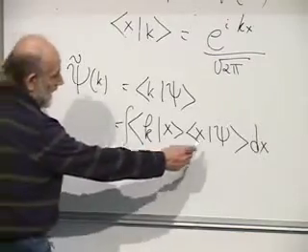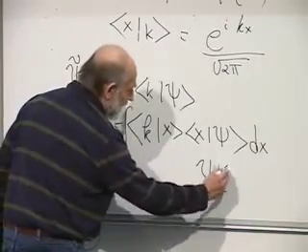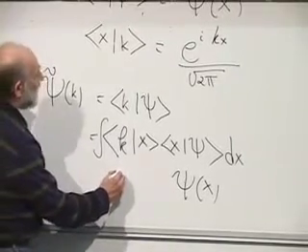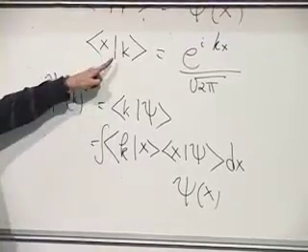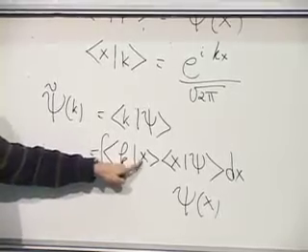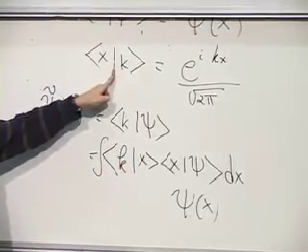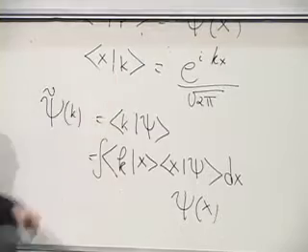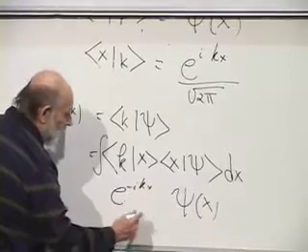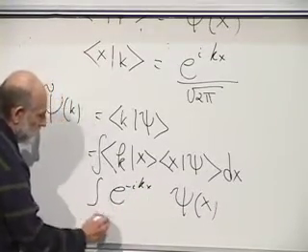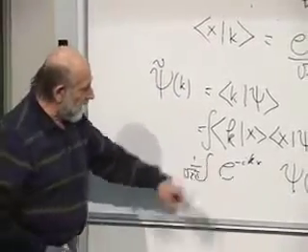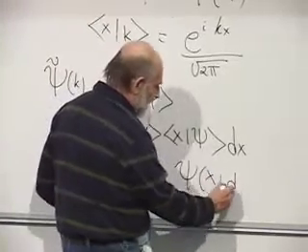Well, what is this object over here? This is psi of x. What is this object? This is e to the i kx. Actually it's the complex conjugate of this. Notice over here I have k on the right and x on the left. Here I have k on the left, x on the right. What's the relation between this and this? Complex conjugate. So I actually have to put e to the minus i kx, all divided by the square root of 2 pi. 1 over square root of 2 pi, integral e to the minus i kx psi of x dx.